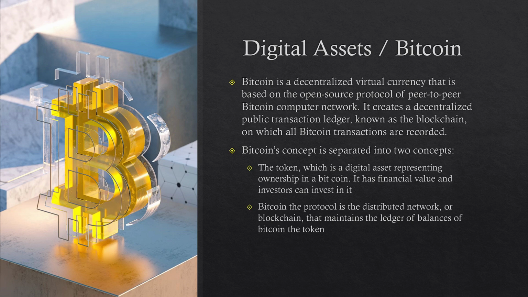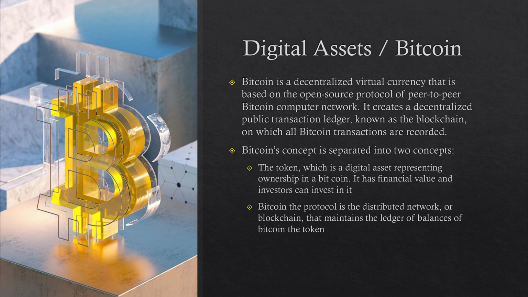So Bitcoin's concept is separated into two different concepts. One is the token, which is the digital asset representing ownership in a Bitcoin. It has financial value and investors can invest in it. Now, Bitcoin with a capital B is essentially referred to as the blockchain.